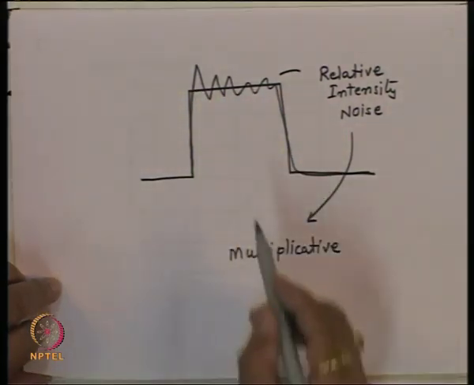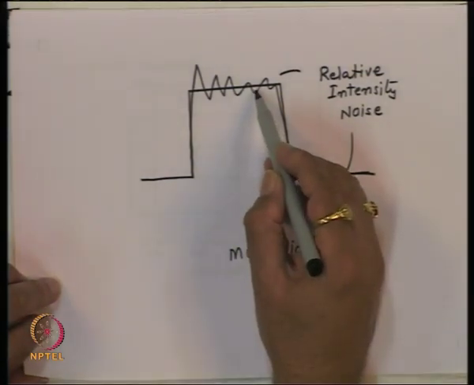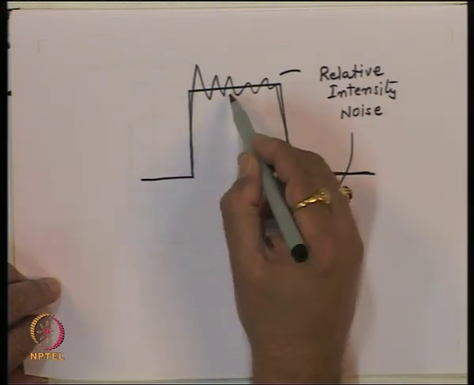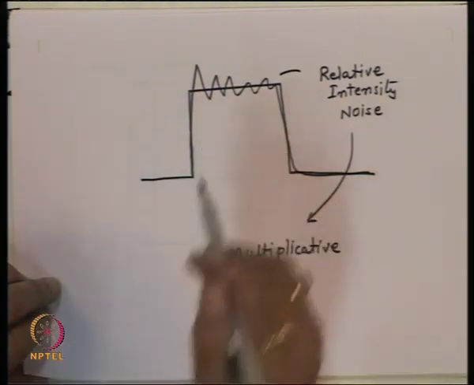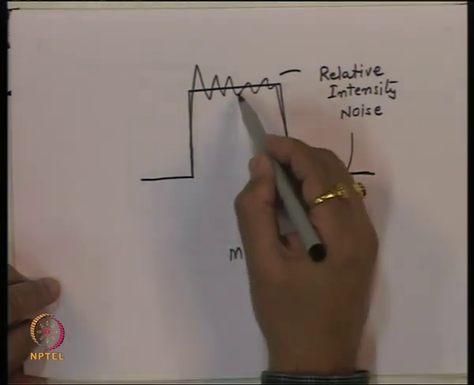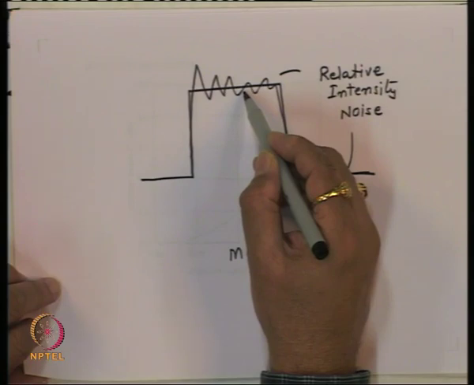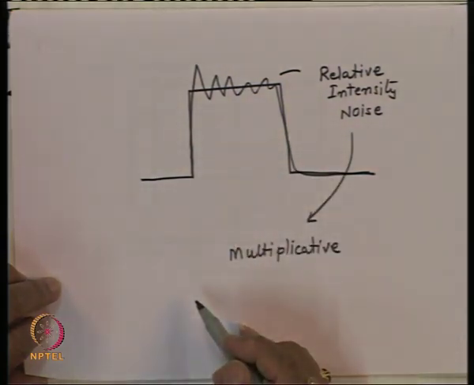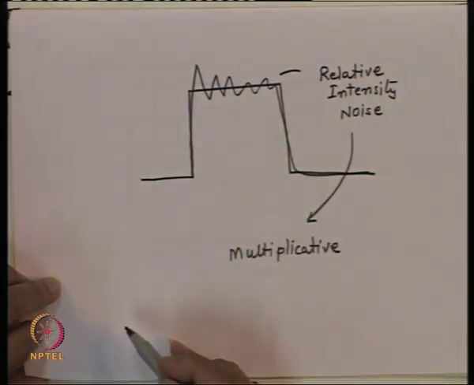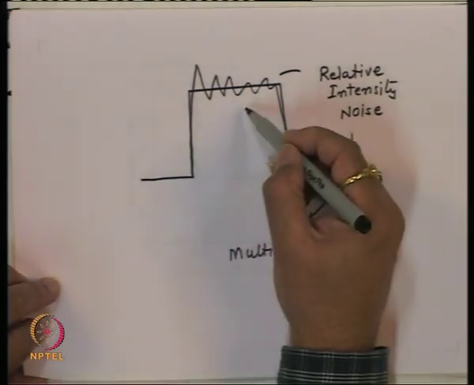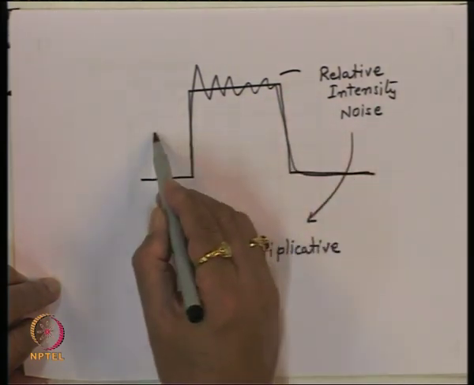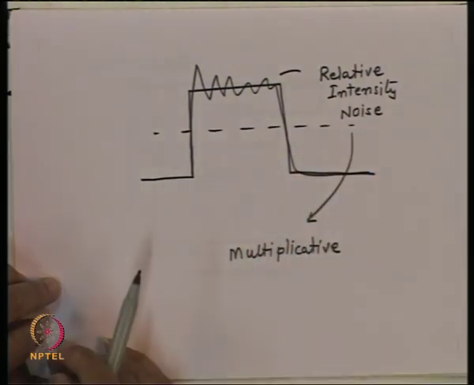So when sigma is 0.1, essentially we have a peak to peak noise about 0.3 of this amplitude. If you make the sigma about 0.2, that time we will have the peak variation about 0.6, and then you will see that there are a large number of values which will be lying below the threshold value, which is half.